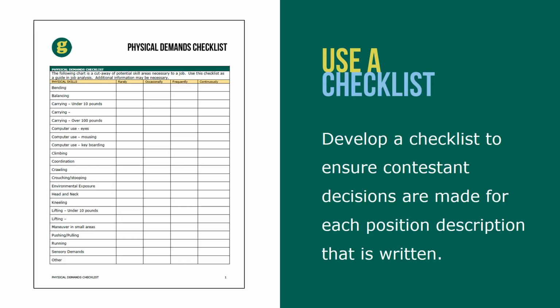For frequency rating choices, I recommend rarely, occasionally, frequently, and continuously. A degree designation helps to identify and prioritize the physical demands that are required under your essential functions. See Greg's Physical Demands Checklist to see how this format can assist you in your decision-making and job documentation.